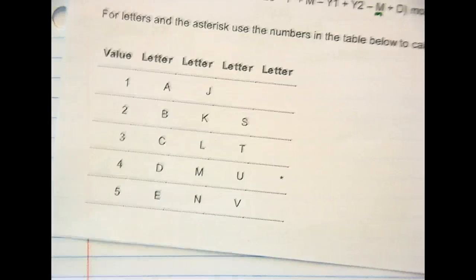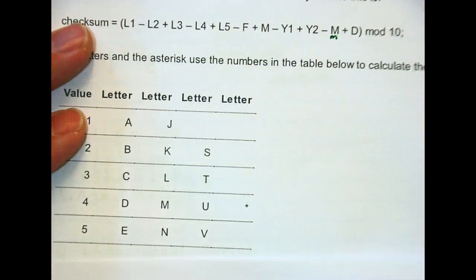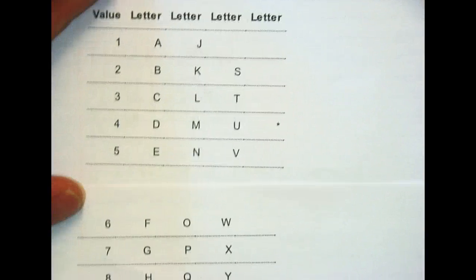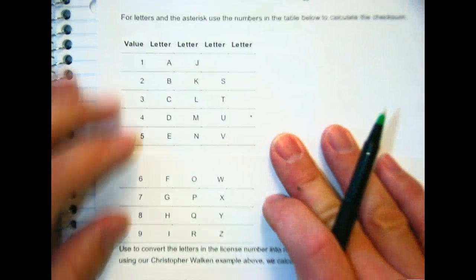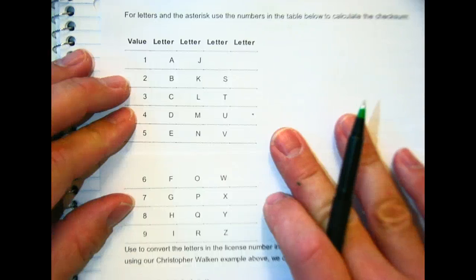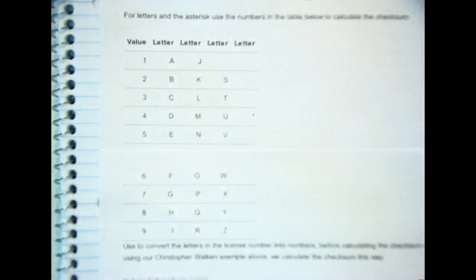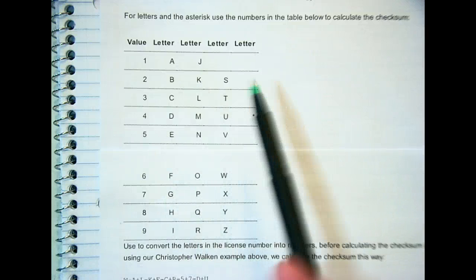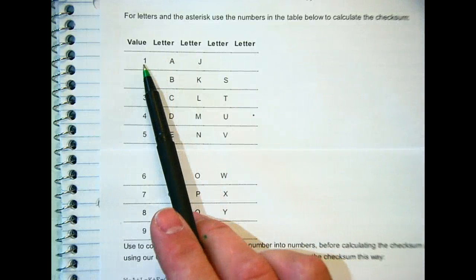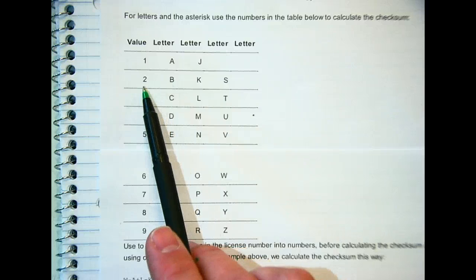All right, the values of your letters. In order to make this work, you need to know that for this cipher, your letters and numbers have been assigned a value. So if you have a letter A, it's a value of 1. If you have a letter B, it's a value of 2.